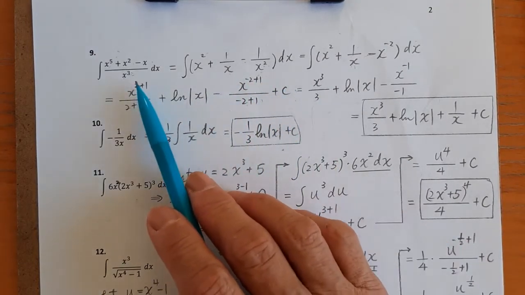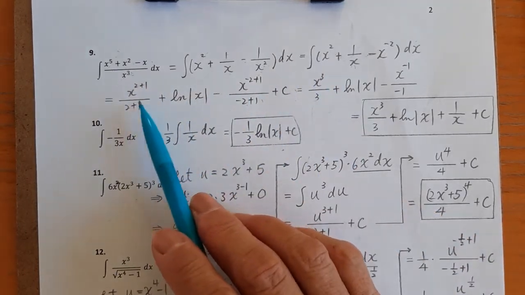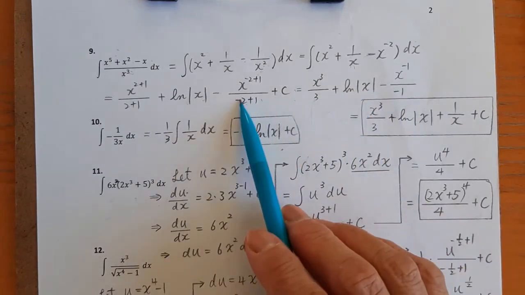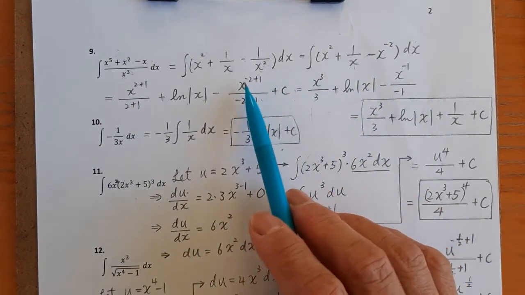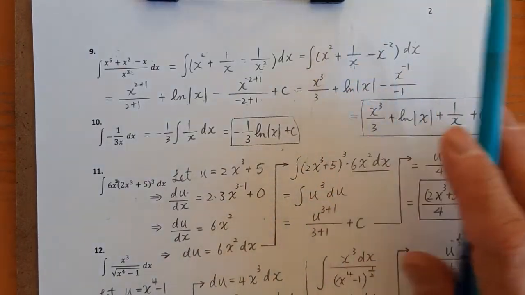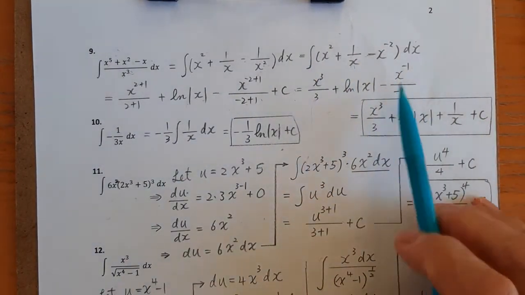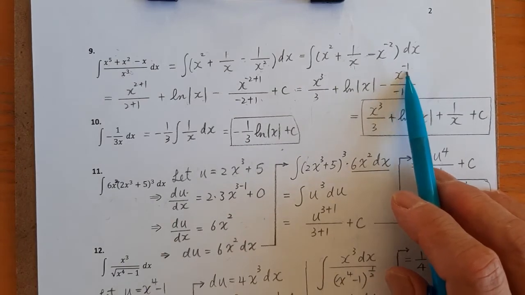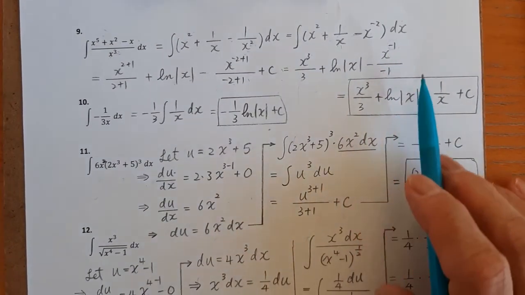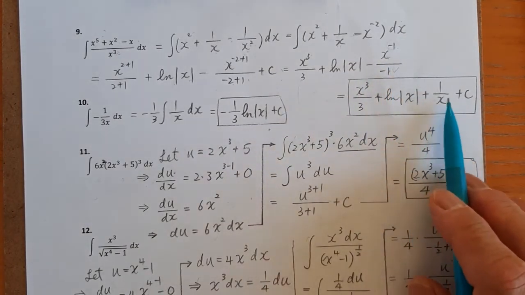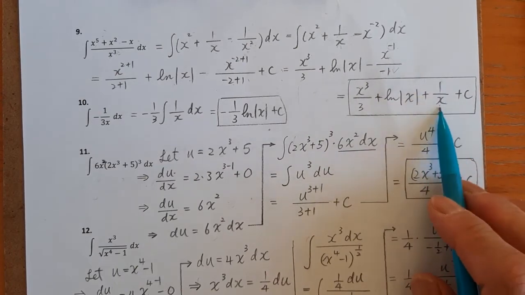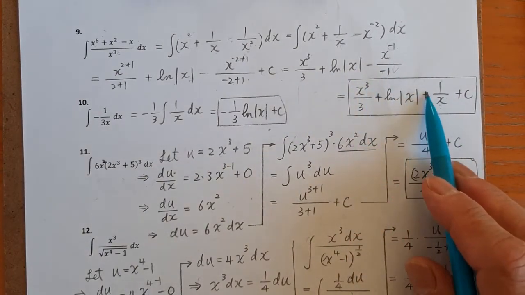Then you simplify. 2 plus 1 is 3, and 2 plus 1 is 3. ln absolute value x minus, negative 2 add 1 is negative 1, and x to the power negative 1. And then this is not the final answer yet. For the final answer, we need to change this negative 1 to positive 1. So we switch down to the denominator, become x to the power 1, and 1 over x. Negative times negative become plus, plus c.